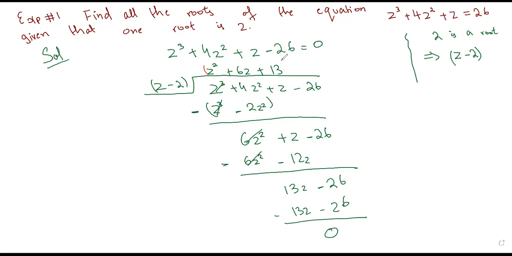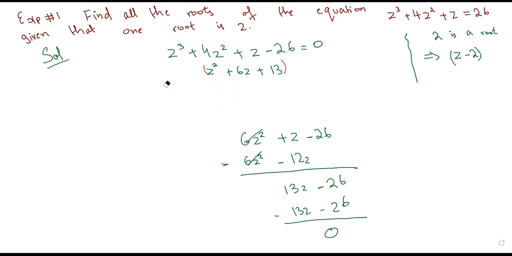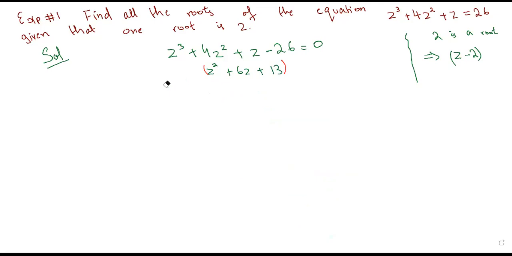So I can rub the long division because you were good at it and we know the factor. So we have our factors. The first factor is z minus 2.